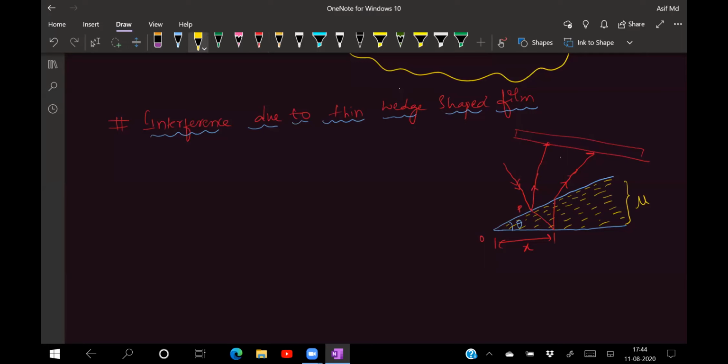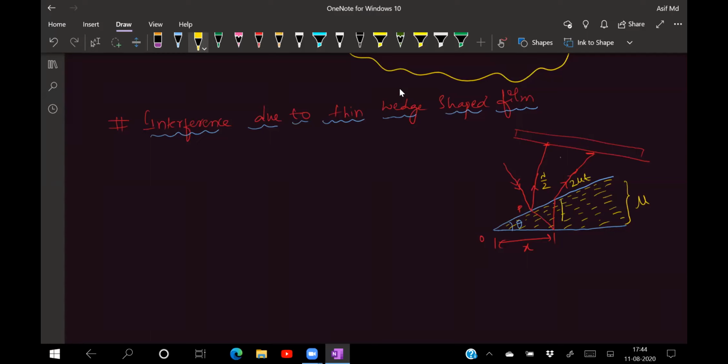We also know that whenever a ray of light is reflected from a denser medium to a rarer medium, there is a path difference of lambda by 2. And in the thin film, the optical path is equal to how much? 2 mu t.